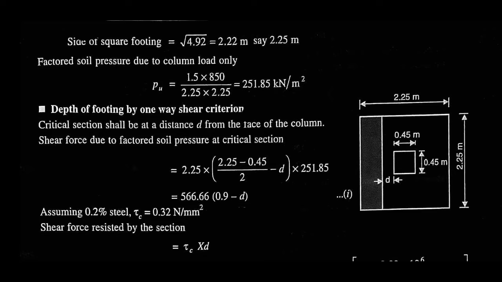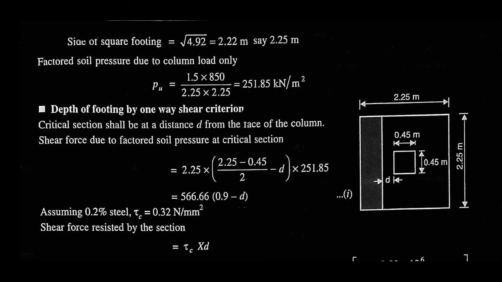Critical section shall be at a distance d from the face of the column. So you can see here, from the face of the column at d distance, the critical section is shown.